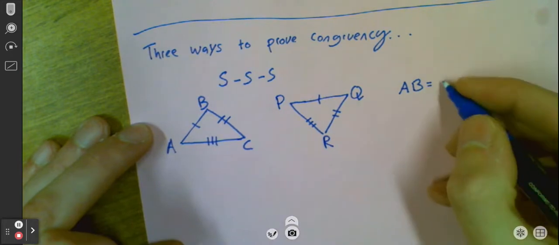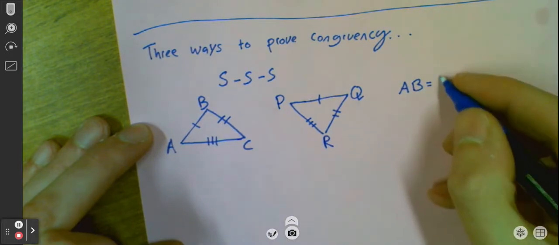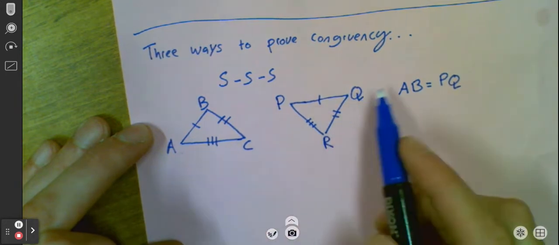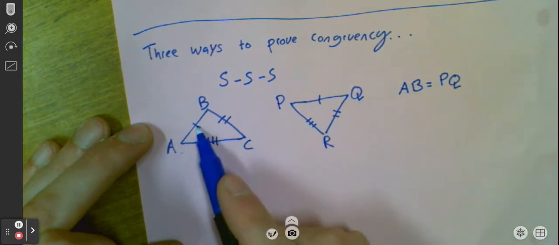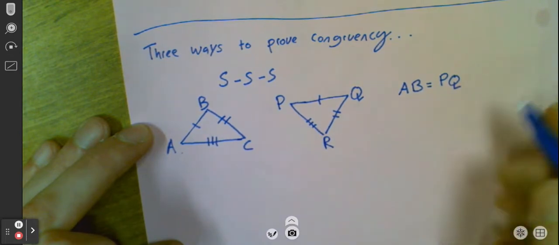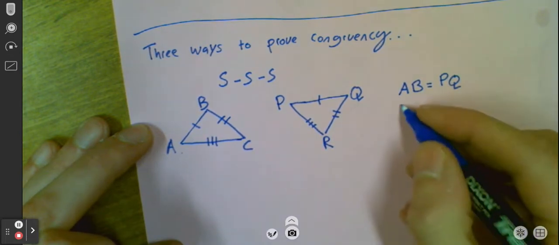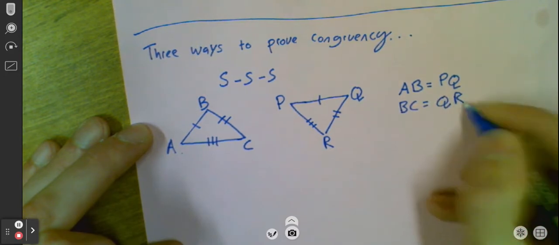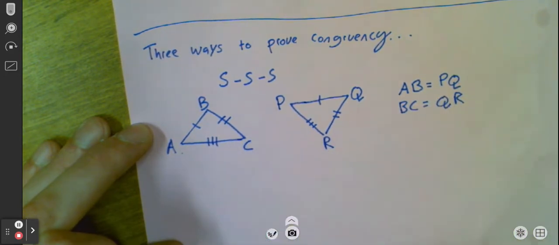So AB is the same as PQ. We know that A corresponds to P. A is between the 1 and the 3. P is also between the 1 and the 3. So AB is the same as PQ. BC is the same as QR. They have the same length. I use two ticks to indicate that.